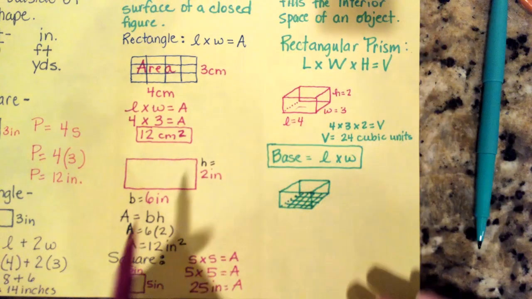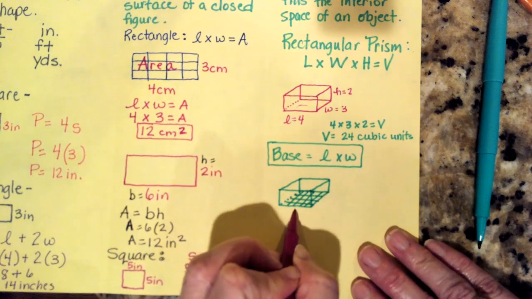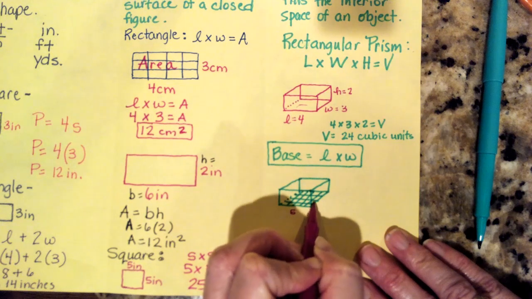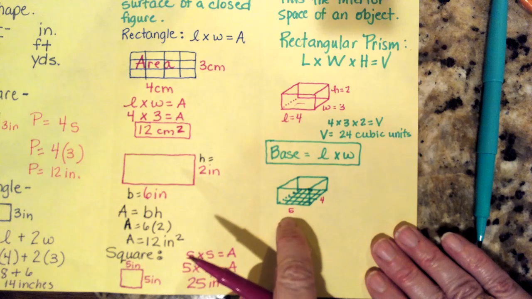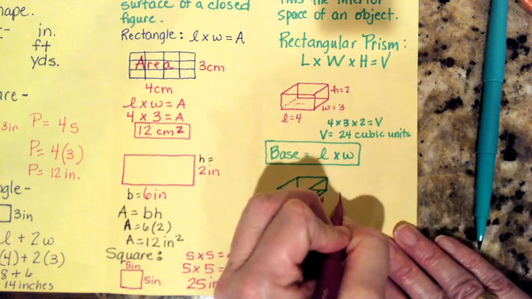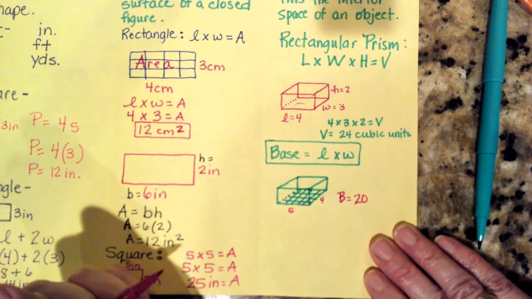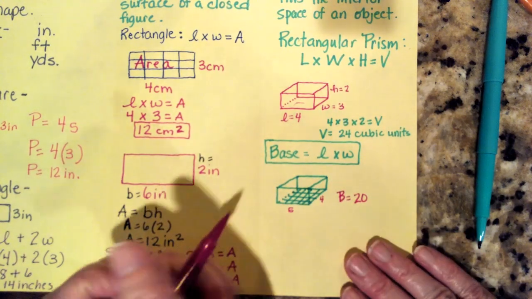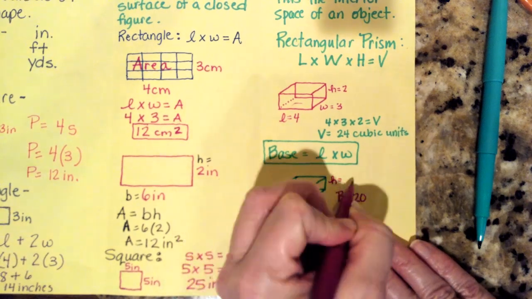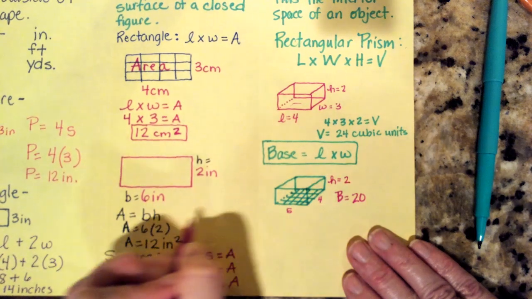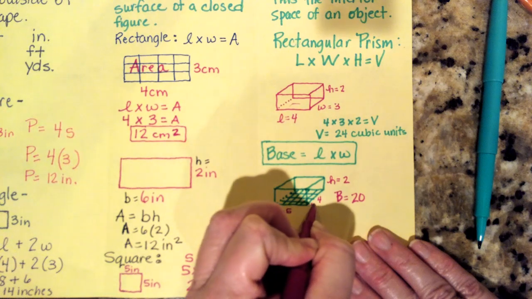And so if I go in and I give some measurements that go with this, 1, 2, 3, 4, we can say that this is 5 and this is 1, 2, 3, 4. So the length and the width multiplied together, the base is equal to 20. And then it's the base that we would multiply by the height. And the height we're going to say is 2. Okay? So this would be the length, this would be the width.